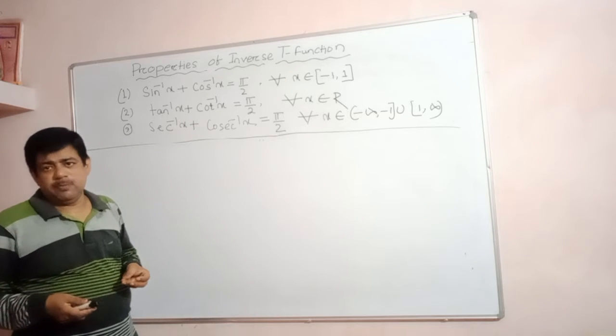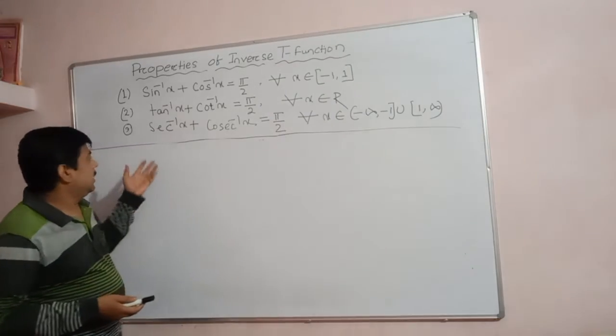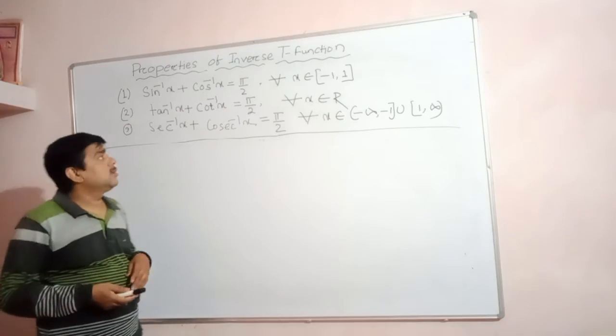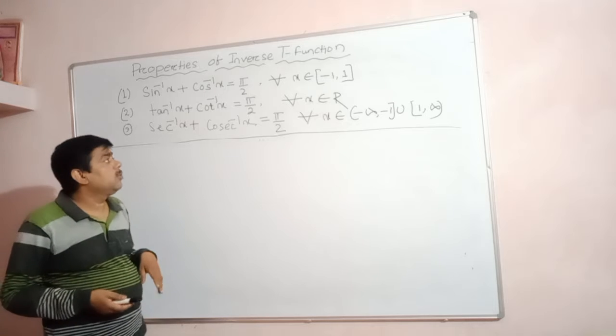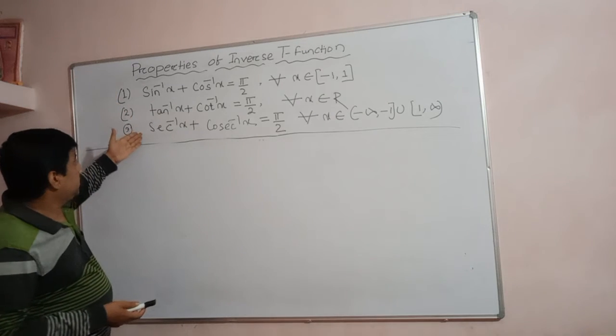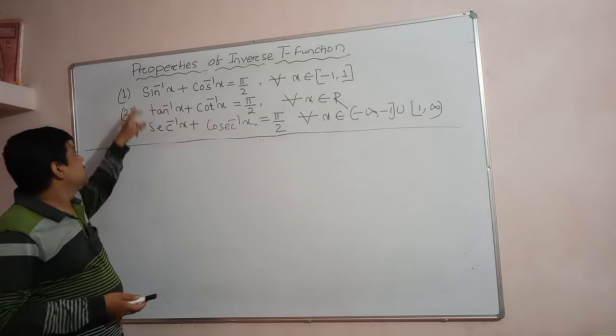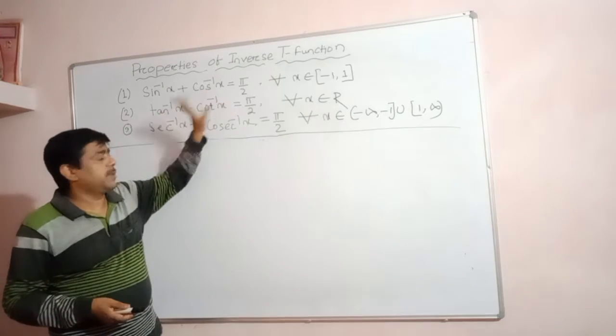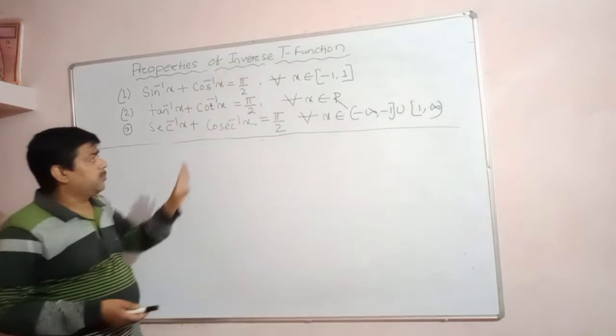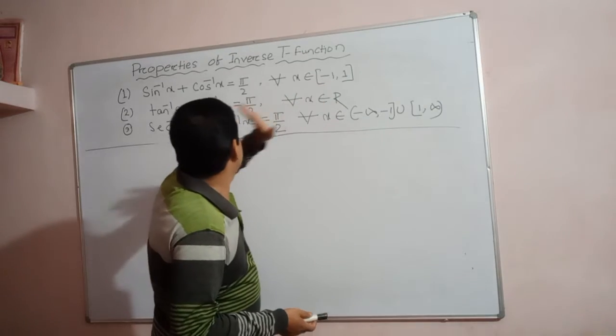I hope you are all fine. Let us see, I am going to discuss one of the important properties of the inverse trigonometric functions in front of you. There are three properties I am going to discuss. Number one, sine inverse of x plus cos inverse of x is pi upon 2, for all x belongs to [-1, 1].